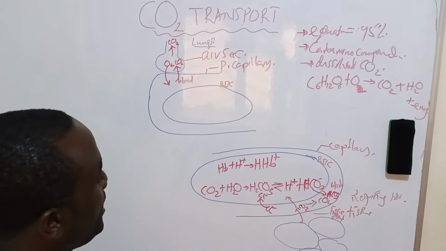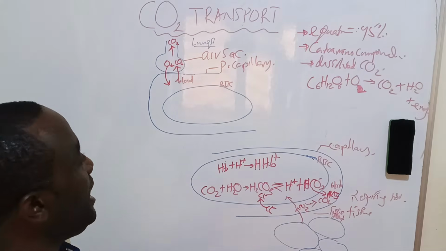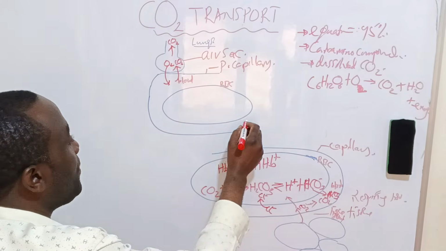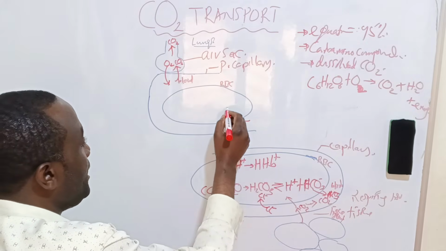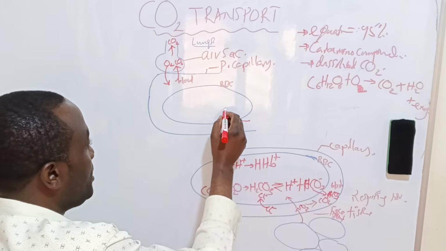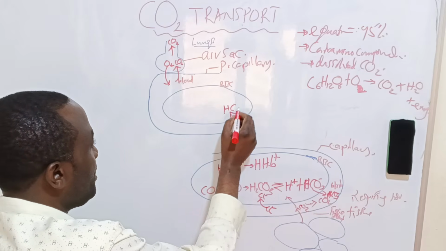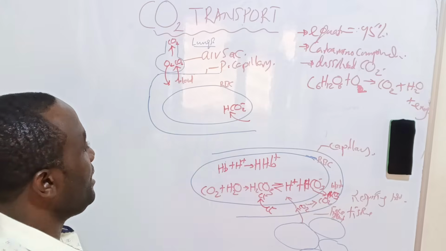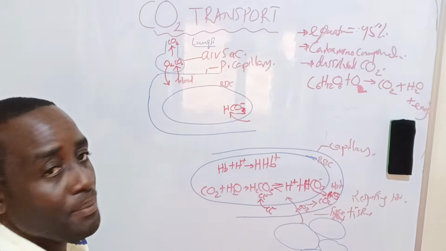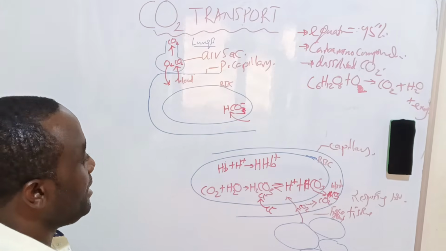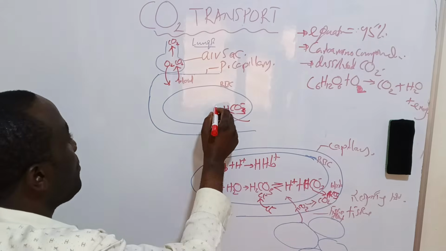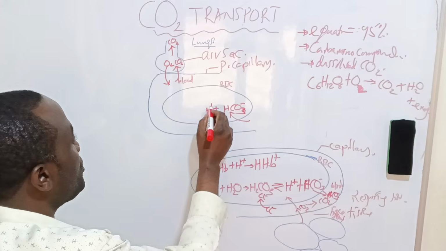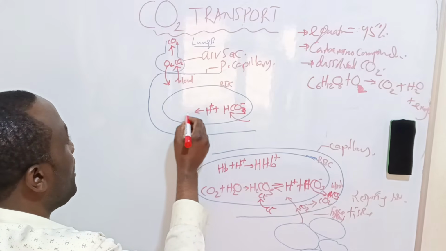We have our equation here. The bicarbonate ions are going to come and re-enter the erythrocytes or red blood cells. Now what happens after them entering there? These bicarbonate ions again combine with the protons to form carbonic acid.